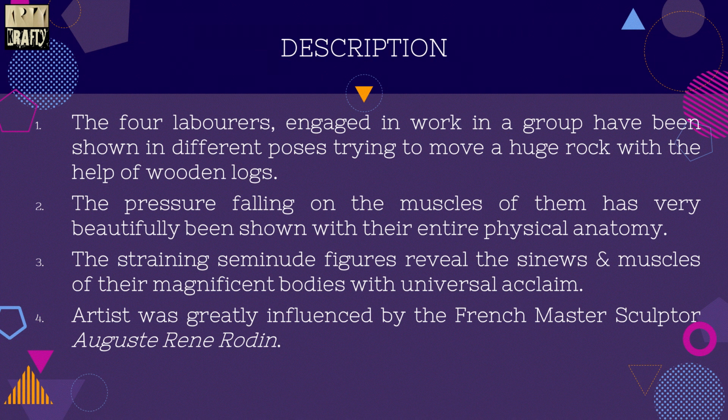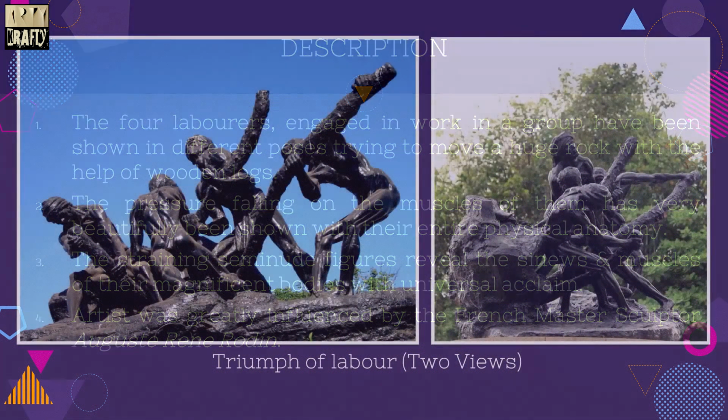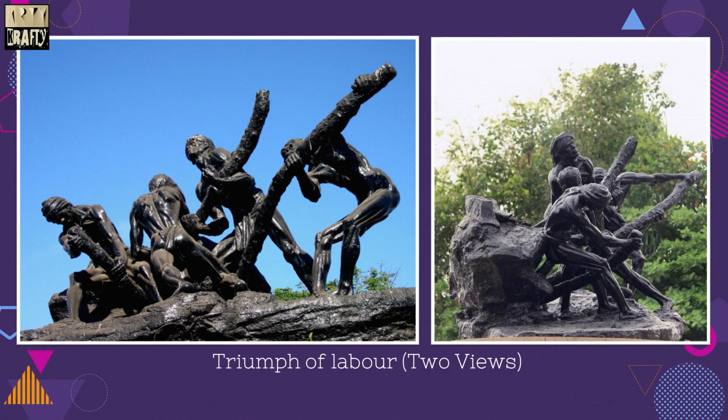The straining semi-nude figures reveal the sinews and muscles of their magnificent bodies with universal acclaim. The artist was greatly influenced by the French master sculptor Auguste René Rodin. These are the two views of Triumph of Labor.